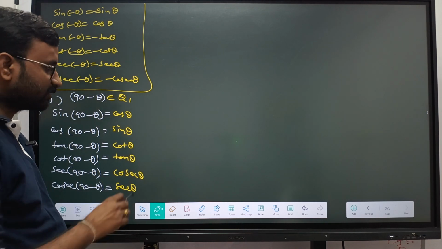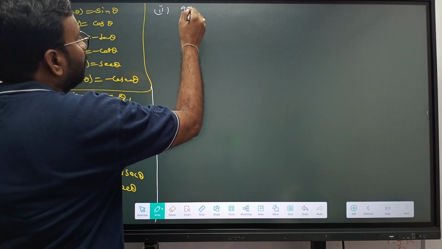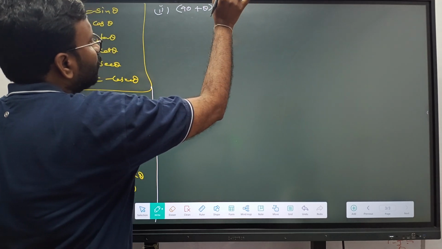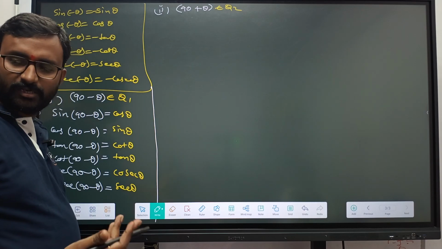What about for 90 plus? Yes, that is the second one. Belongs to Q2. Just keep in your mind in Q2 what are the positive: sine and cosecant, remaining all are negative.